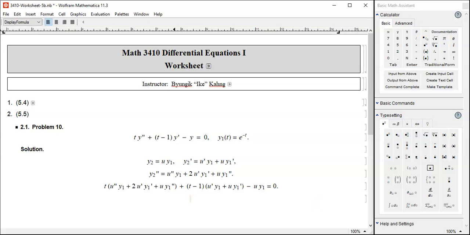So let's get all the factors of u, and then let's see, this one is gonna give you t y1 double prime. Okay, this one gave you that.